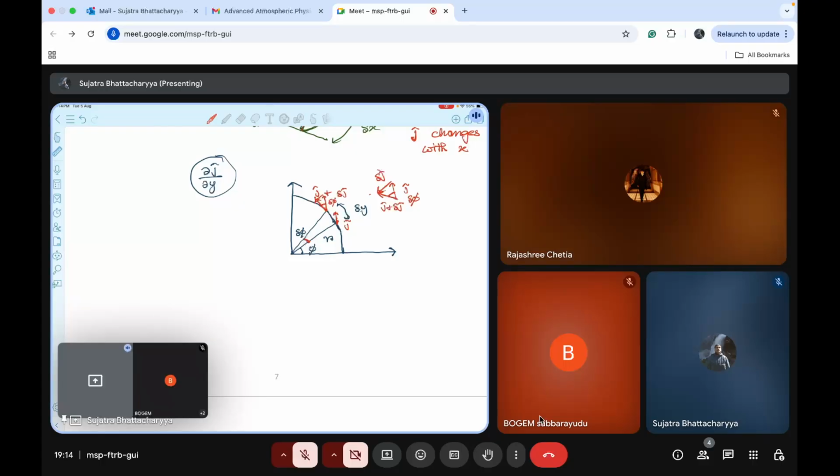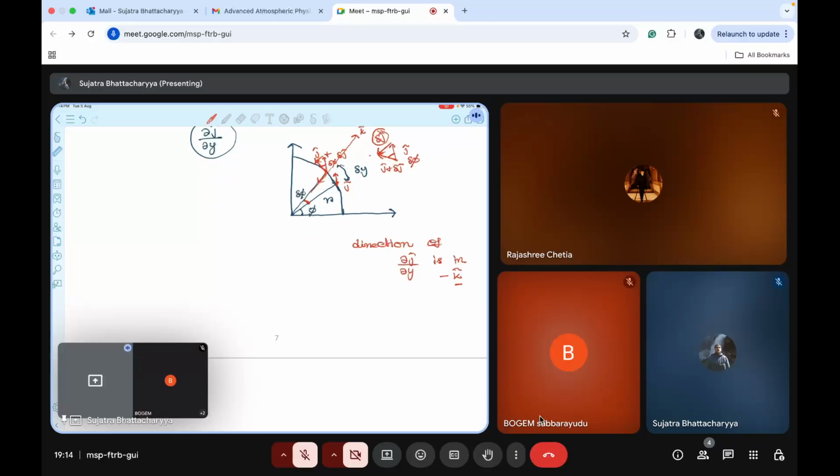Look at the direction of delta j: it is purely towards the center of the earth. So the direction of delta j hat by delta y is in negative k, because this is your k direction. So negative k is the direction of delta j hat by delta y.